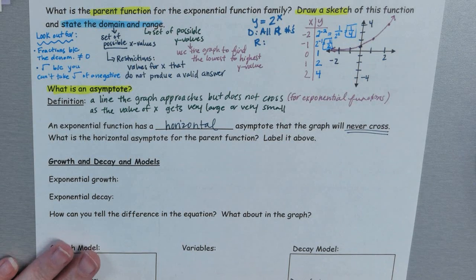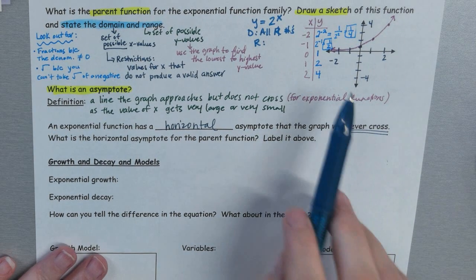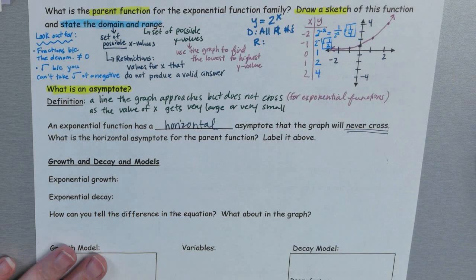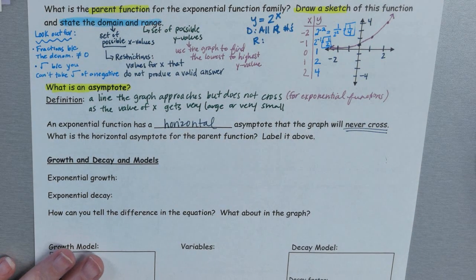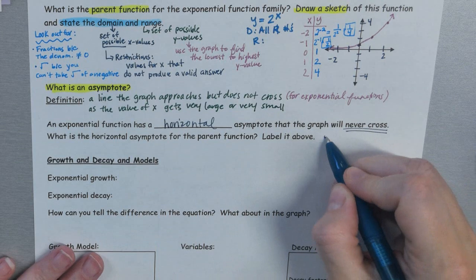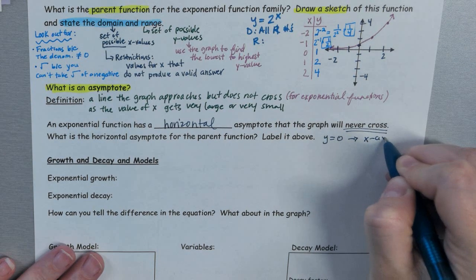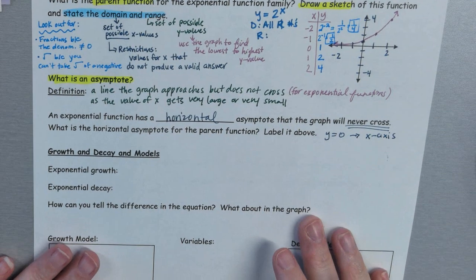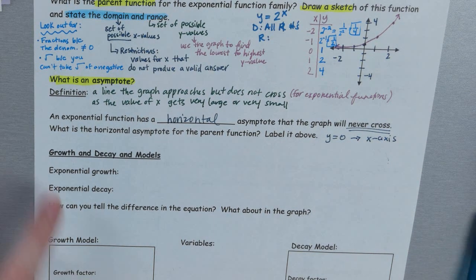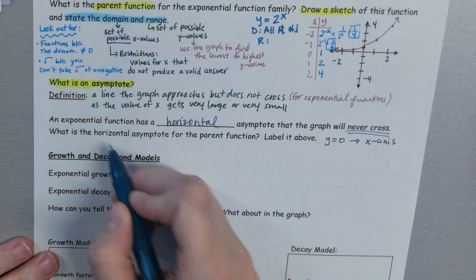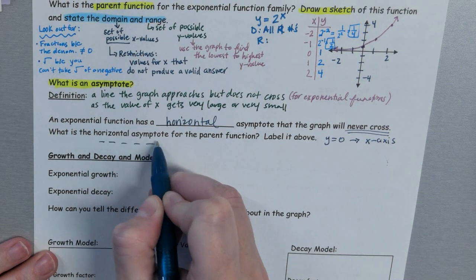Okay, what is the horizontal asymptote for the parent function? Label it above. So what is it getting really, really close to? Yeah, it's getting close to the value of y equals 0, which is, I heard one of you start to say it, the x-axis, right? Okay, so when you draw this in, you are going to use a dashed line.